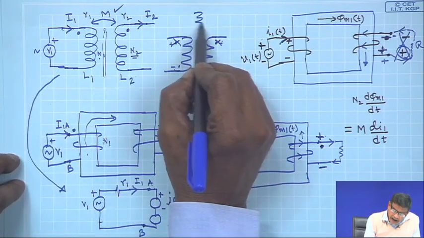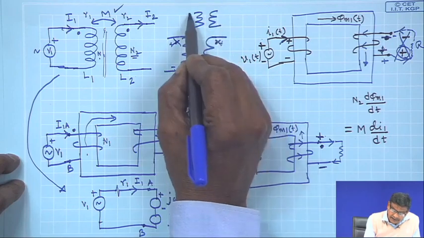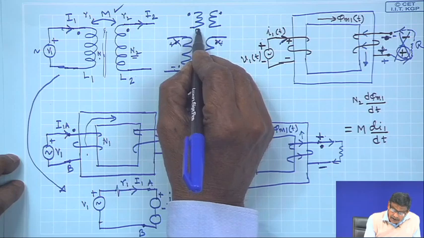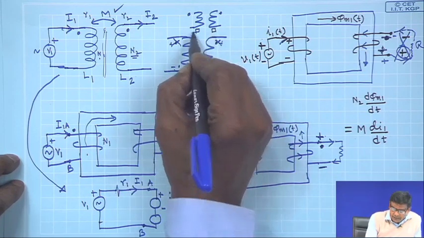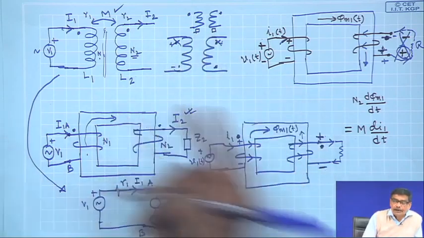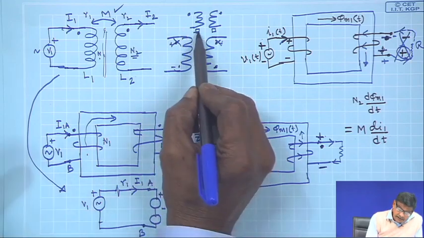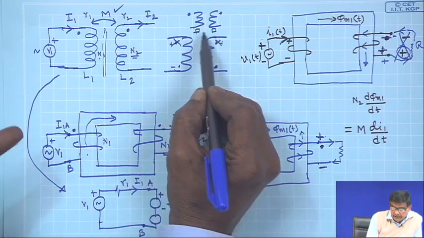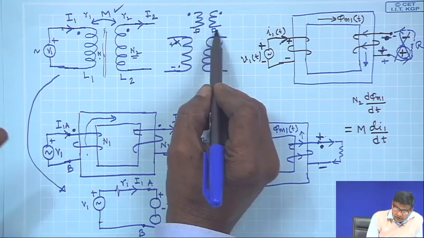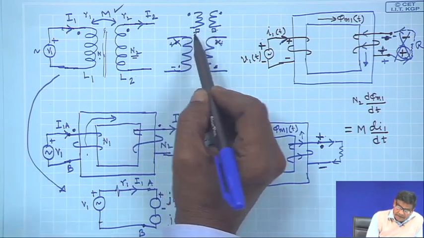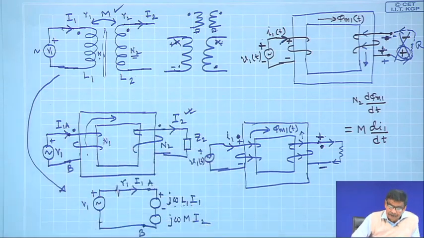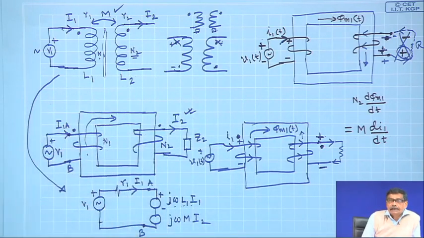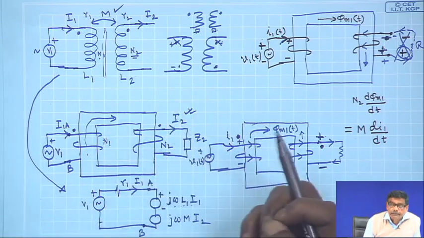Or I will do it slightly like this, this is dot, this is dot. The other terminals too are like terminals and put some other symbols, say square square. At any instant, if this is plus, this is plus. If at any instant this is minus, this is minus. So, these two are equally good candidates to put some marks to indicate that these are the like terminals.